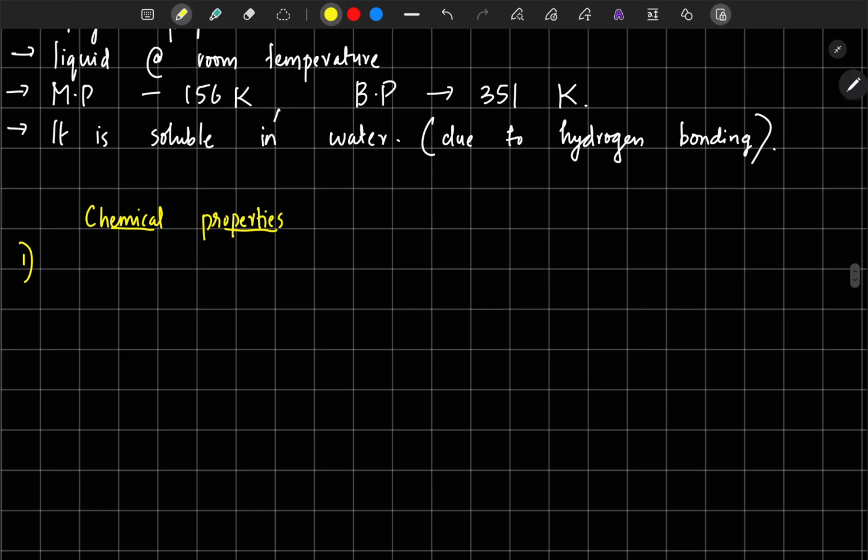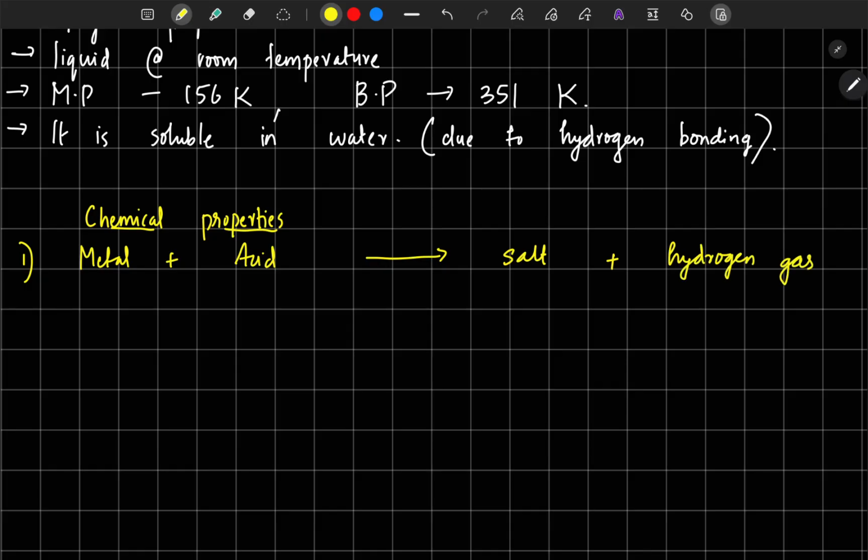Our first reaction is something that we have already studied in the second chapter of CBSE grade 10, the acids, bases and salts chapter. Tell me if you can remember this: metal plus acid, what will be the product? Just remember and guess. The products are salt plus hydrogen gas.